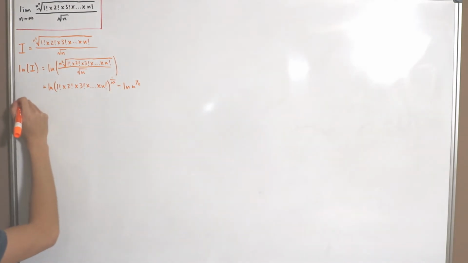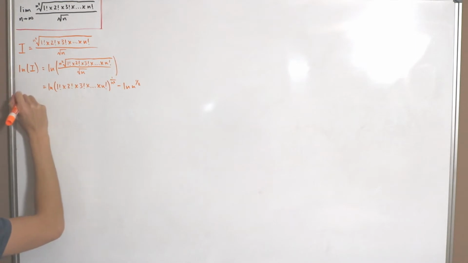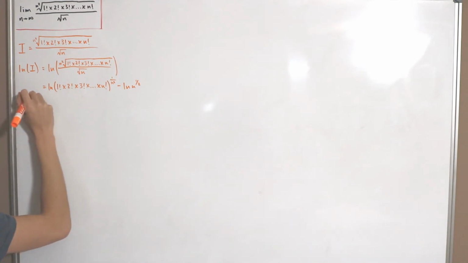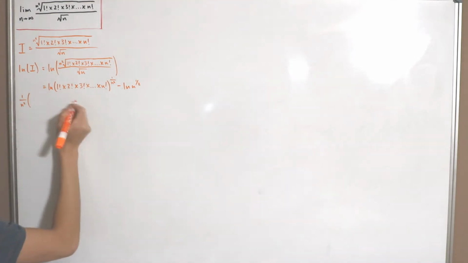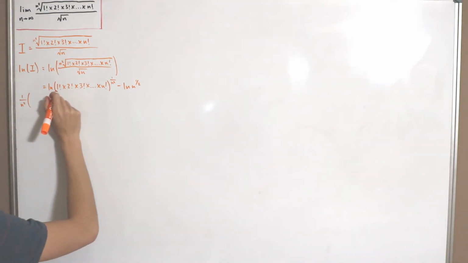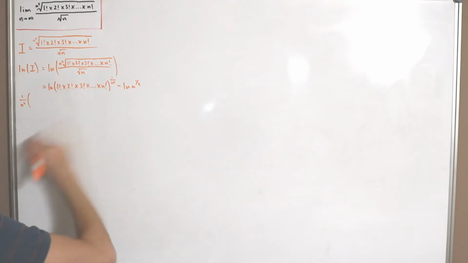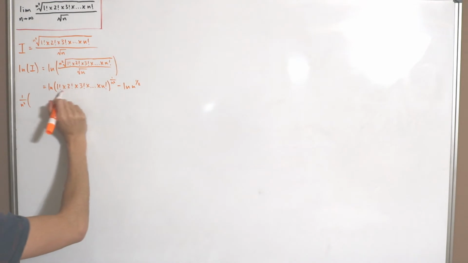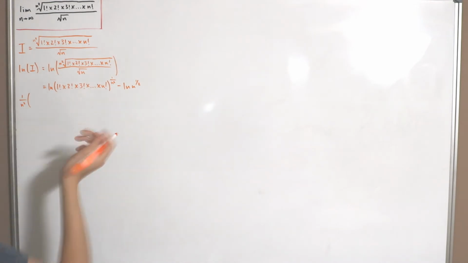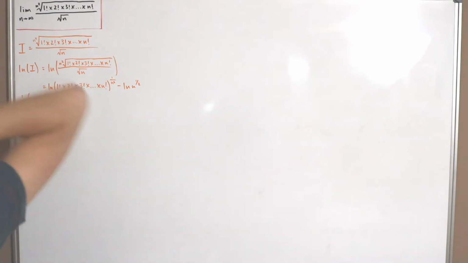Again using rules of natural logs, I've moved the exponent to the front, so this will be 1 over n squared multiplied by the expanded factorials. Since we have products, we can use sums of natural logs.